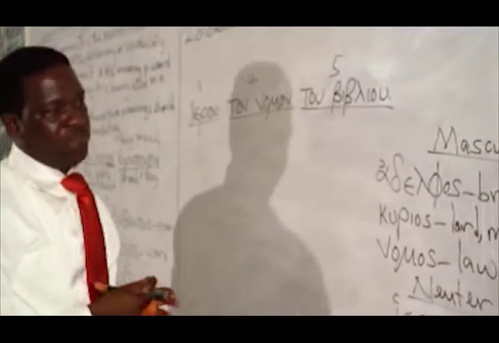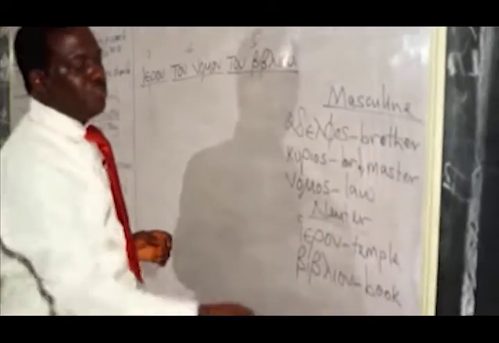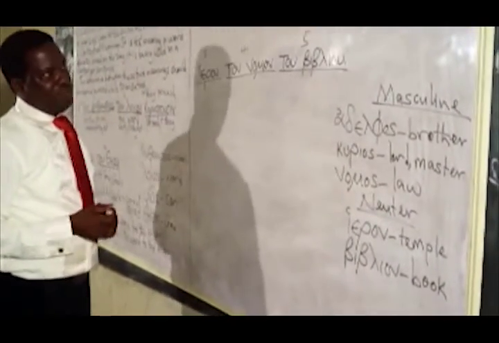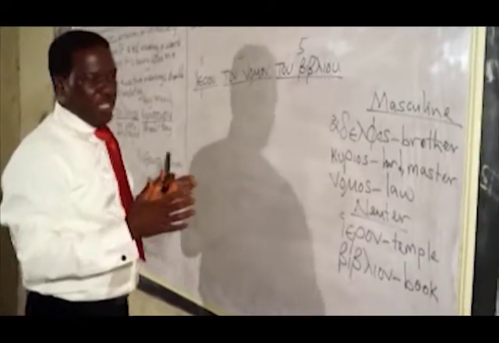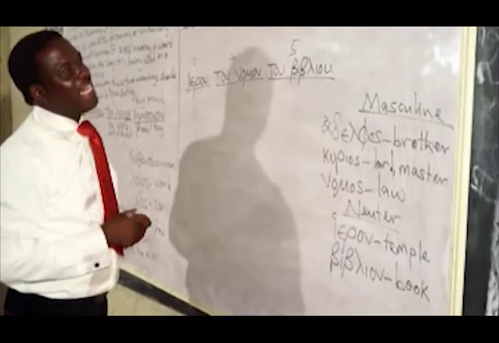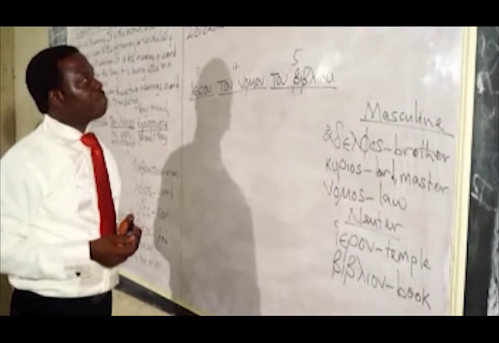So we have three masculine nouns and two neuter nouns of second declension. Okay? Now that we know the neuter nouns and the masculine nouns, we'll go to the identification of the functions of each of the nouns.